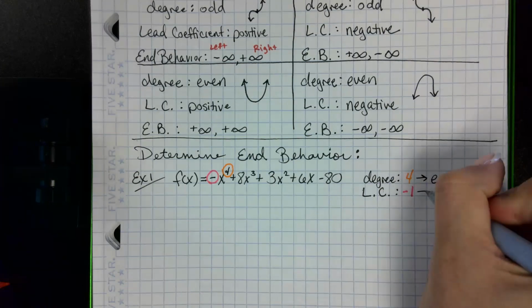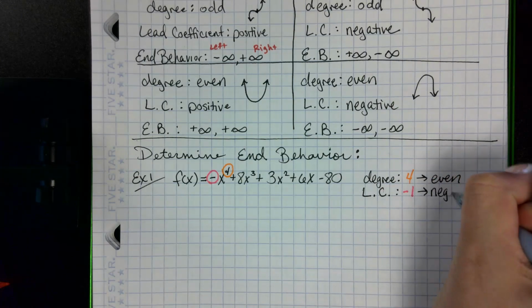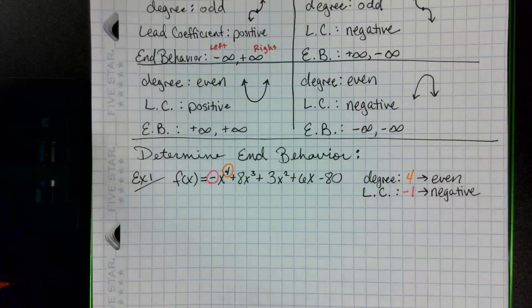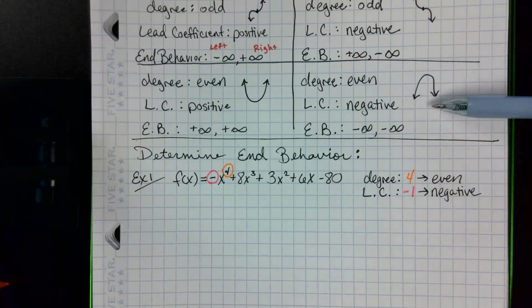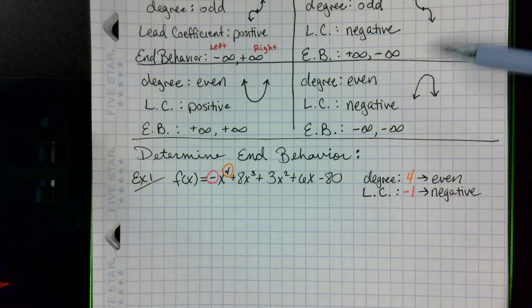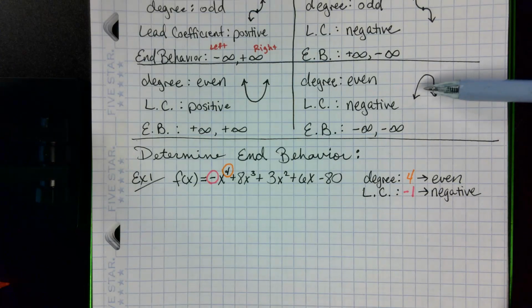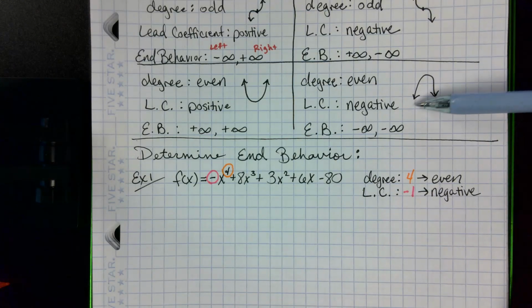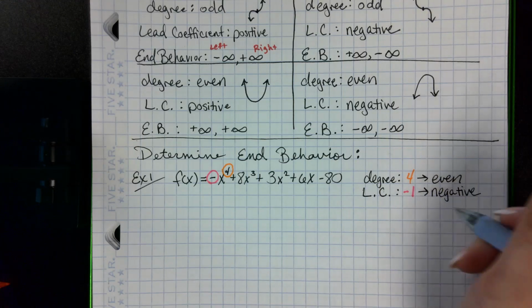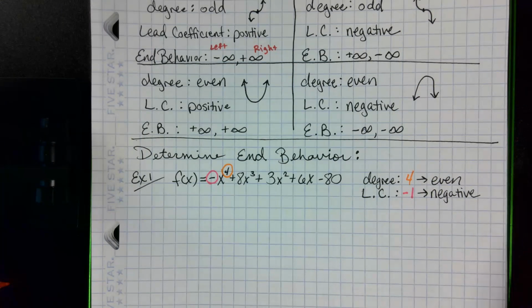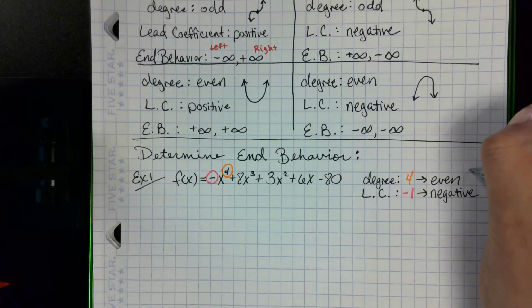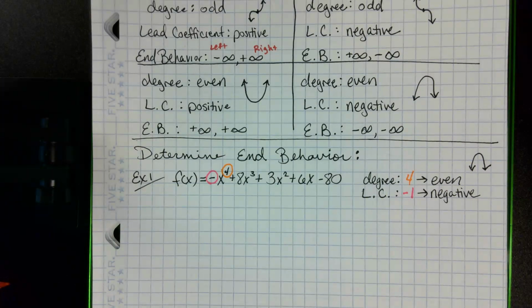So that means it's negative. So I have an even negative function. Even negative looks something like this. Anything could happen in the middle, but both ends are pointing down towards negative infinity. So I know it's going to look something like that because it's even negative.